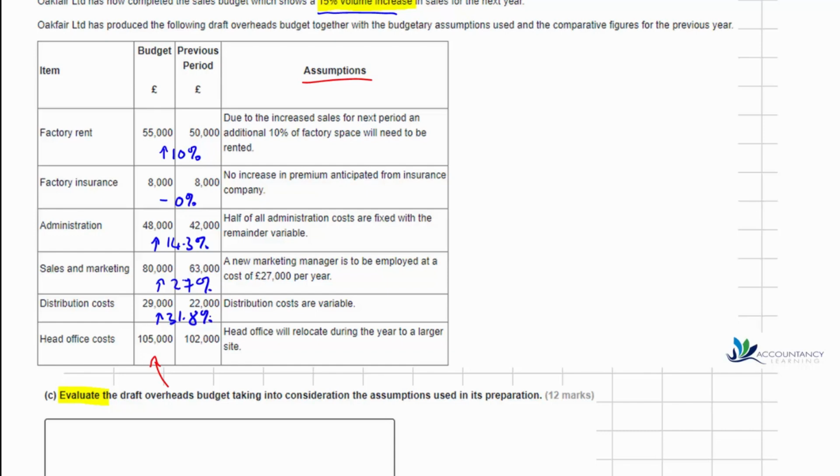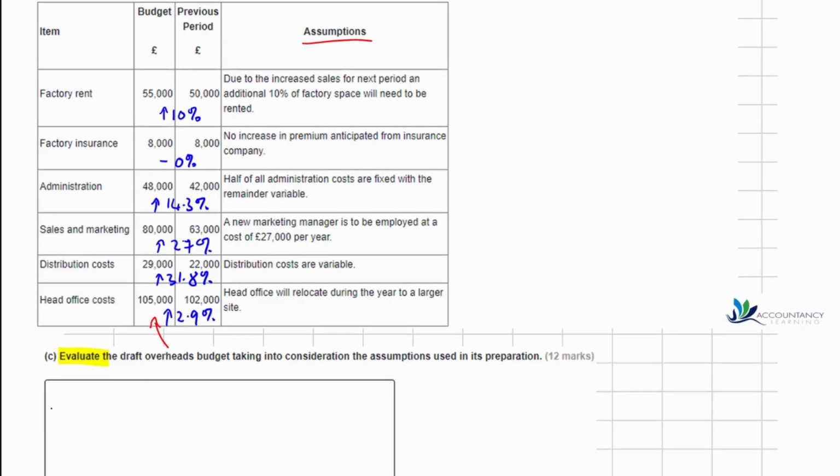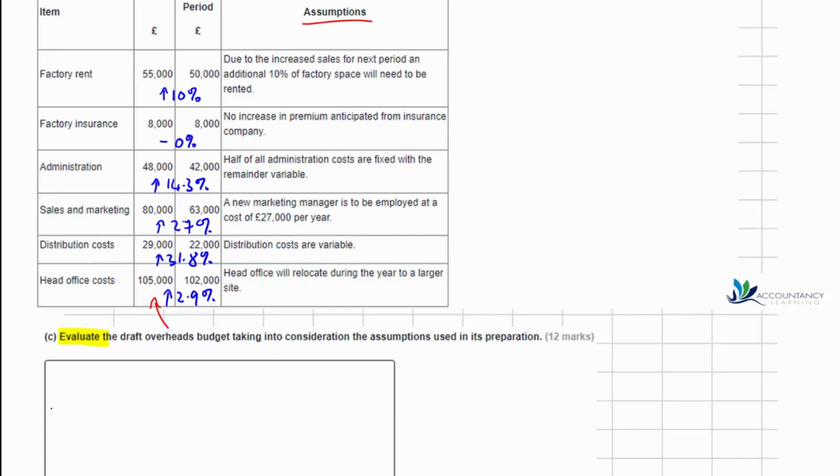And for our head office cost, 105 divided by 102, so we have an increase of 2.9%. So notice for administration, we've got the closest to the 15% volume increase. But the other ones are not in line with our planned increase in sales. So that, again, would suggest that perhaps our budgets aren't particularly accurate. But anyway, let's look at the assumptions as well to try and identify what other things we could talk about.